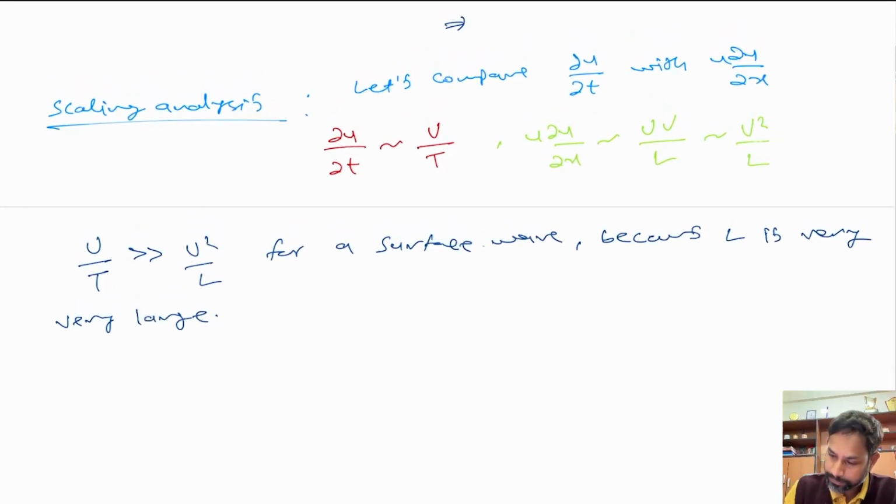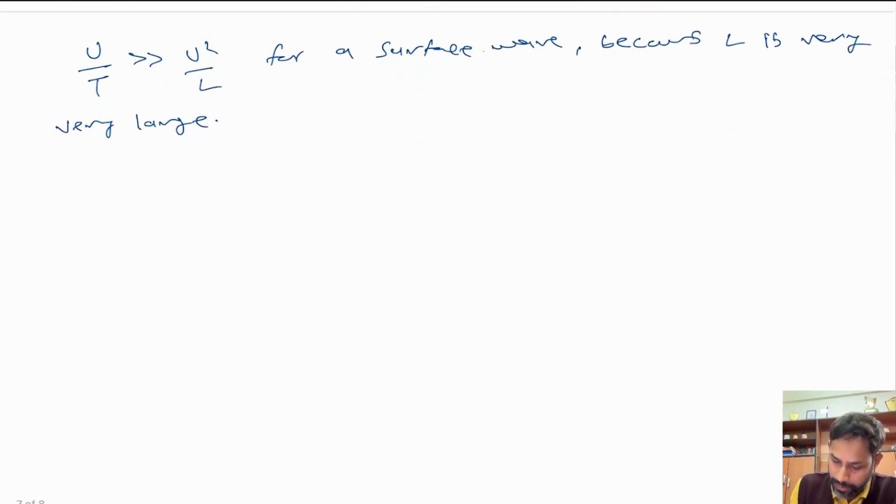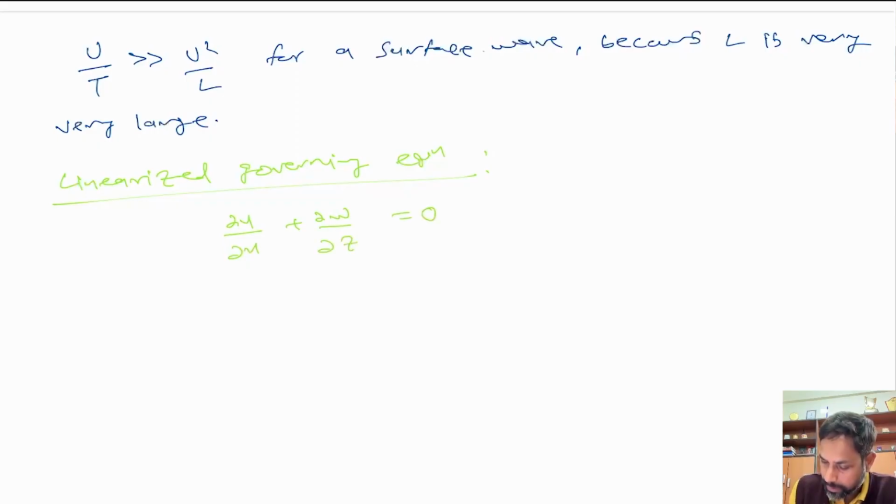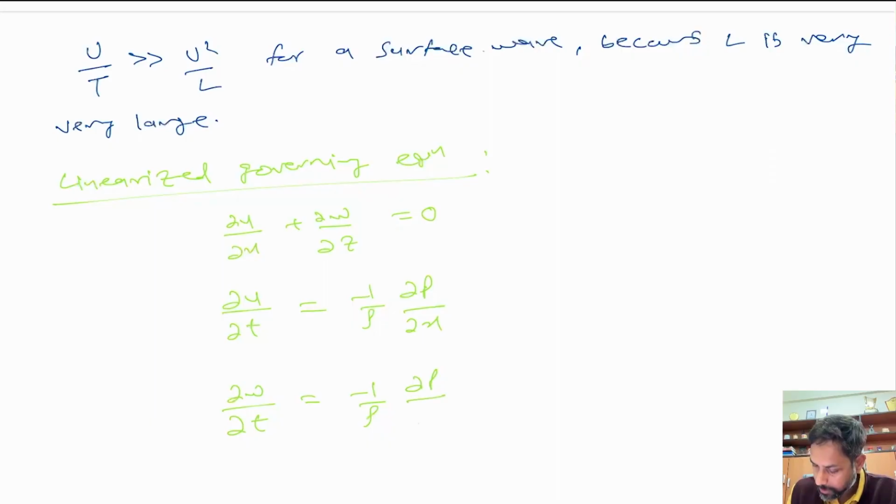And that is why the linearized governing equations we have are du by dx plus dw by dz is equal to 0, then du by dt is equal to minus 1 by rho dp by dx, and then dw by dt is equal to minus 1 by rho dp by dz minus g.